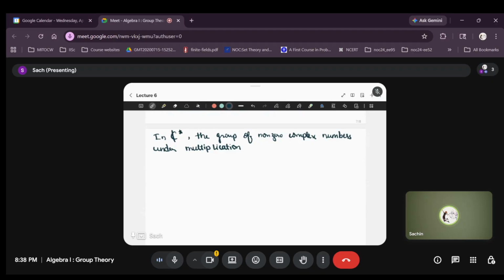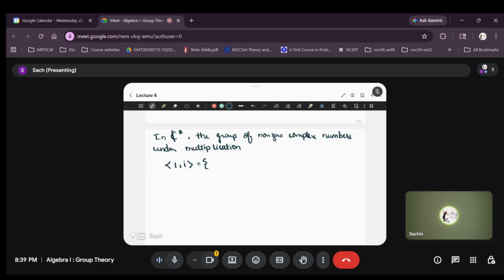So in this set of non-zero complex numbers under multiplication, the subgroup generated by 1 and i, what is it? Here this is under multiplication.